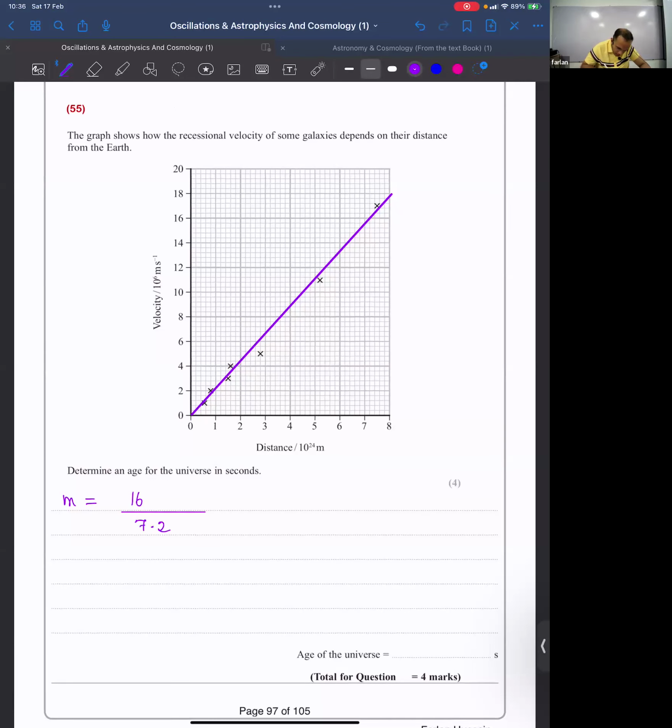But look at the units given in the axis. The y-axis is given in 10 to the power 6, so take that into account. And the x-axis is given in 10 to the power 24.